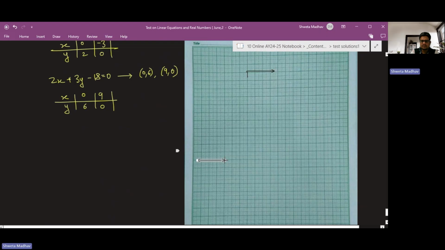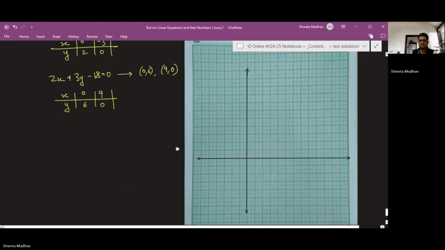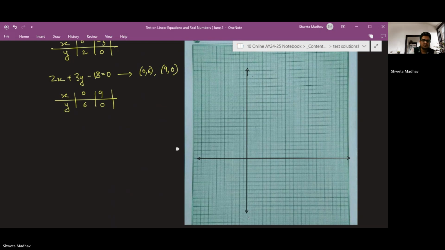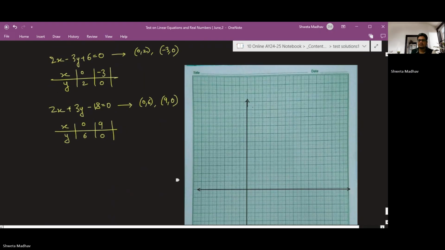Suppose this is the x-axis and this is the y-axis. Now first we have to write the scale in the graph.